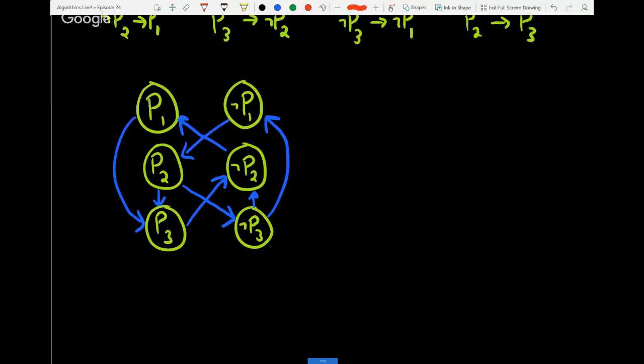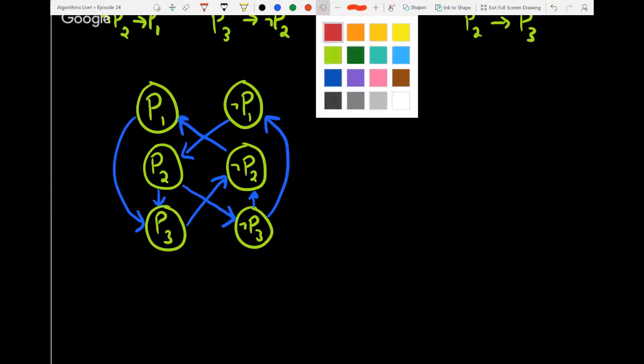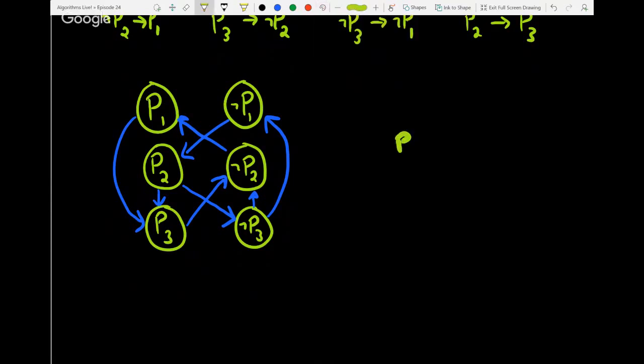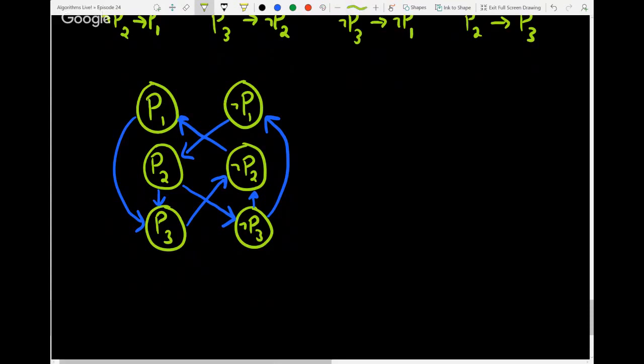Maybe I should write out the top sort here. Something has clearly gone wrong. This one might be satisfiable. Picked a bad graph.